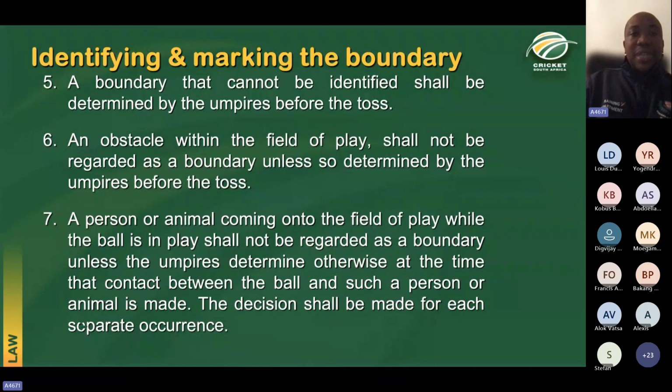If you feel that the ball would not have gone on to cross the boundary, then you simply let play continue, even if the ball has completely stopped after hitting that dog on the field.